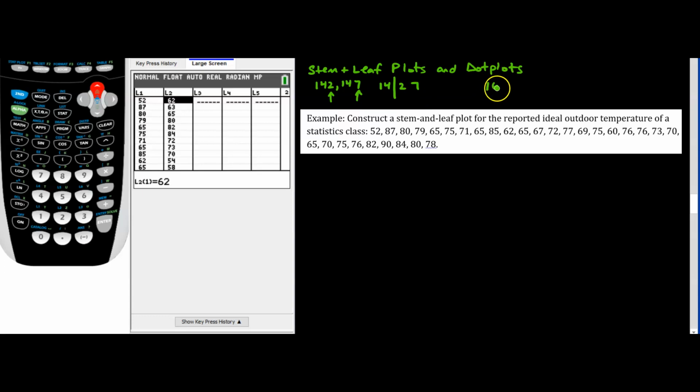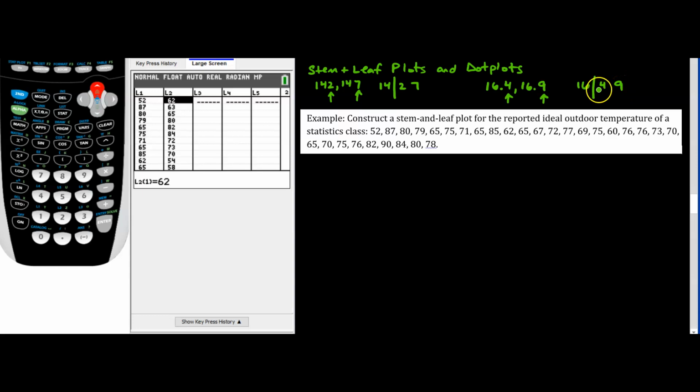Suppose we have 16.4 and 16.9. In a case like this, what's common to our data is the 16 in the front, and our rightmost digit is what's after the decimal point. That's a 4 and that's a 9. So again, in a stem and leaf setup, we would have 16 as the stem, and then 4 and 9 would be the leaves.